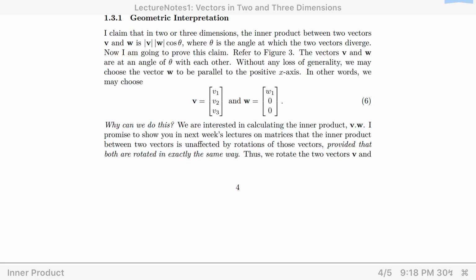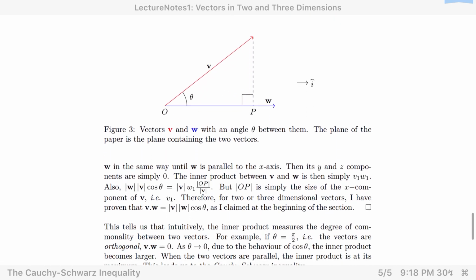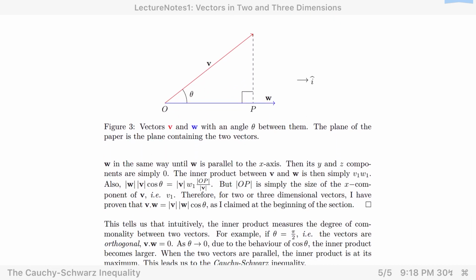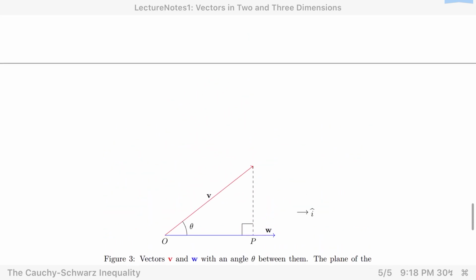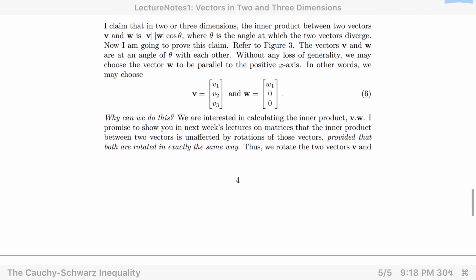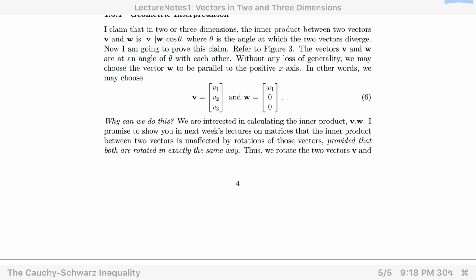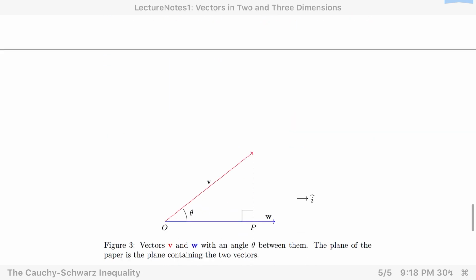So we have proven that v dot w equals the modulus of v times the modulus of w times cosine theta. Now there's only one ingredient in the proof that we are left to do, and that ingredient is the statement that rotating two vectors leaves the dot product between those vectors invariant. And we will look at this once we've looked at matrices.